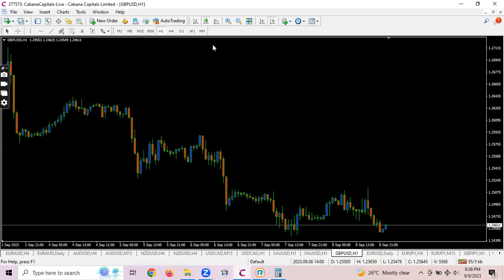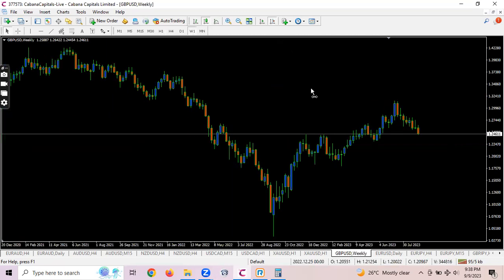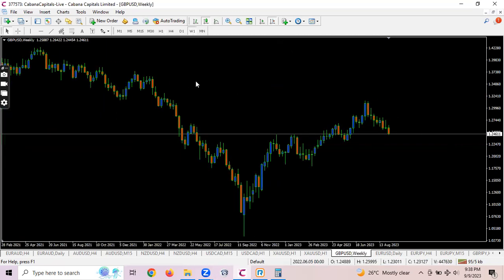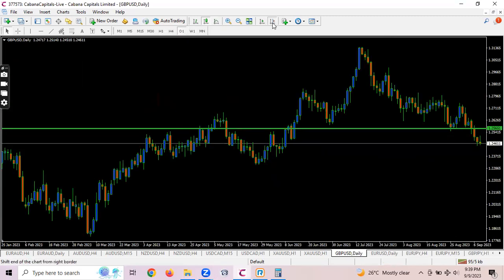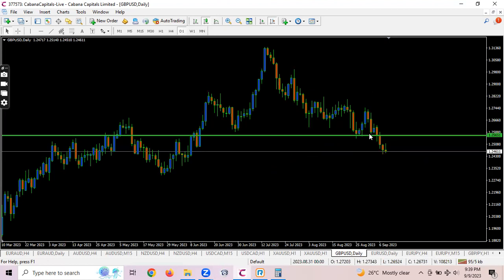What do we have on the weekly? Okay, you can see GBP USD is still bearish. It is obvious. The support was broken at this point. The support here. That support was broken. Let's go to daily so that you can see that support clearly. So you can see the support here.